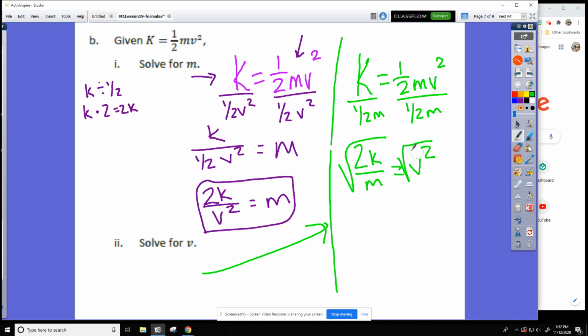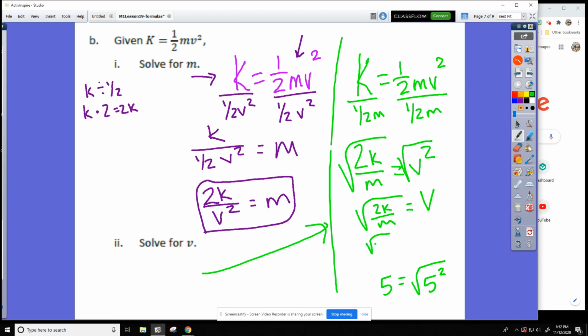And what happens is a root and a square cancel each other. Like if I have 5 squared and I take the square root, I'm just going to have a 5. So when I take the square root of a square, I'm just going to get a v. And then this answer stays the same. So there's your final answer.